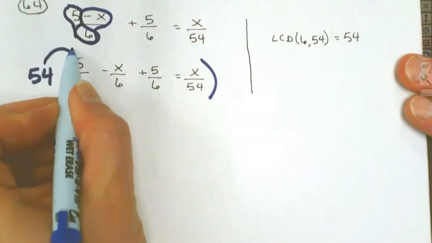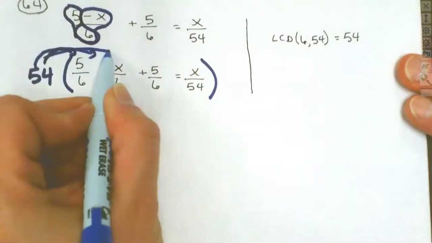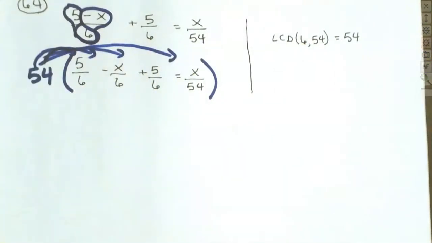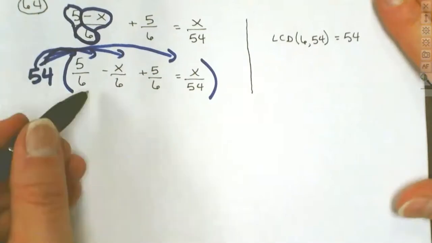We're going to now distribute that 54 through. And how does this work? We're going to divide by the number down below, multiply by the number on the top. So 54 divided by 6.